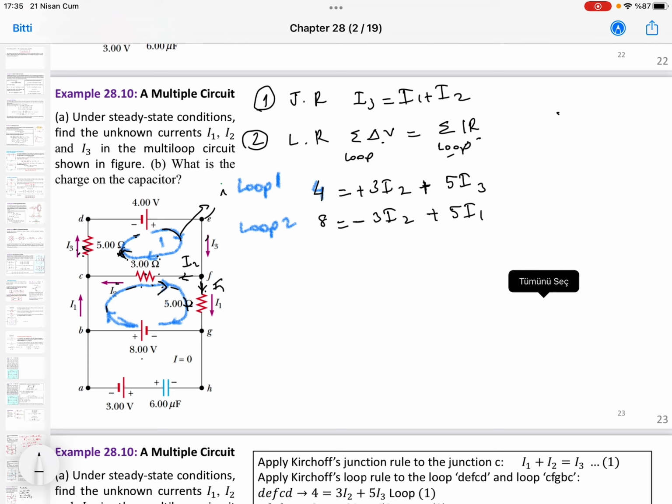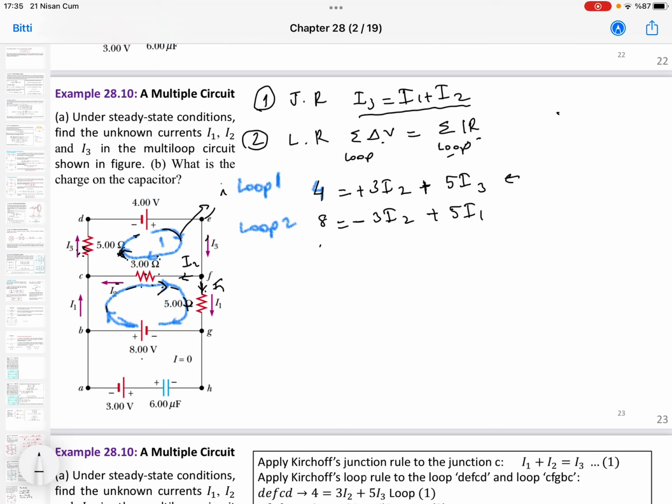Actually, I have enough information to calculate because I know this part from the junction rule and this part. So instead of I3, can I change this equation? Yes.